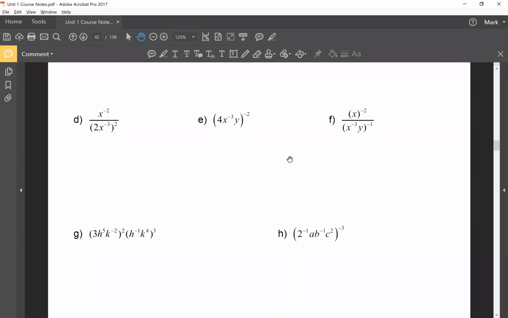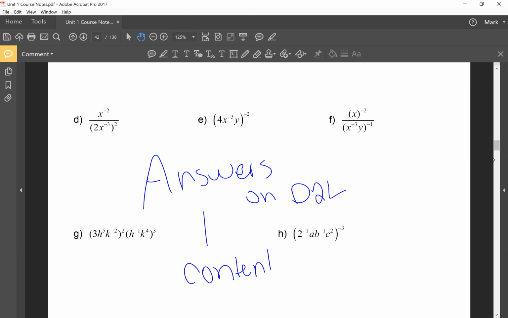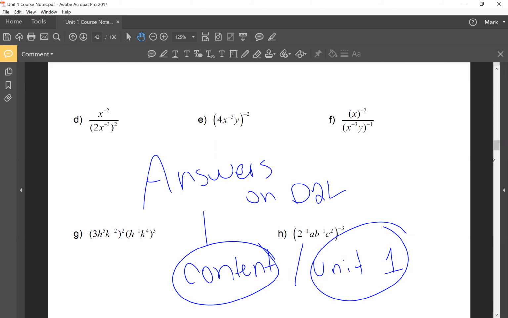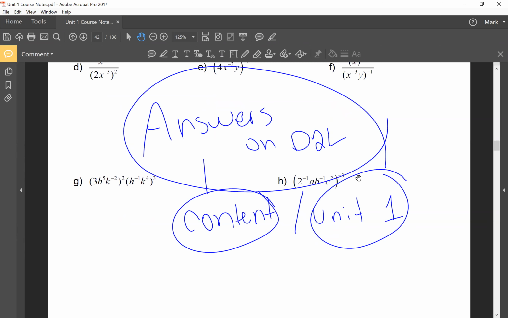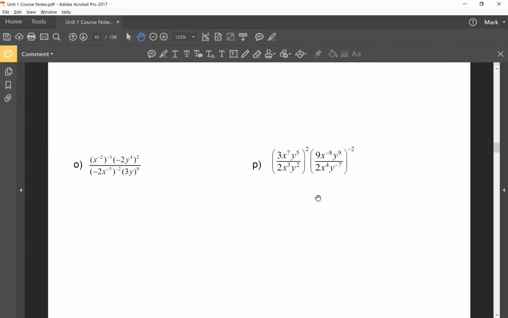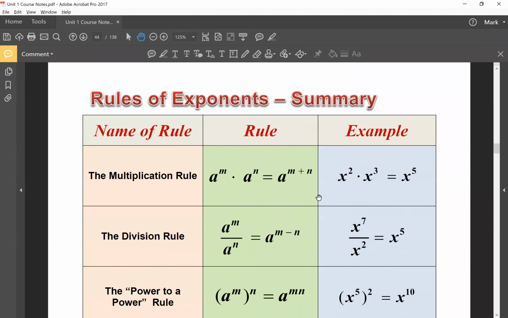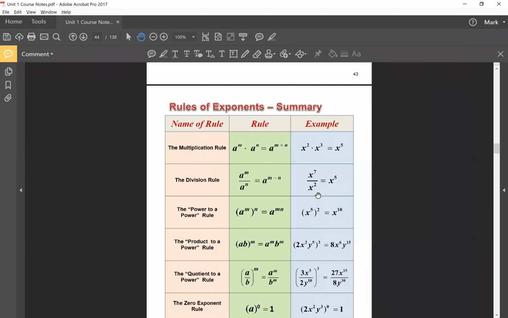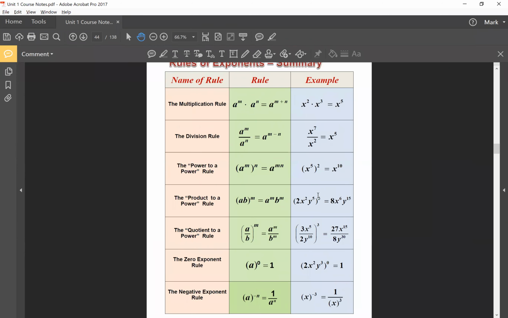There is a lot of practice here. And I know, like this Faisal, or I think that's your name in the WhatsApp, all of these answers are on D2L. If you go to content and you go to unit 1, you can see all of these answers. So I highly recommend you guys practice. There's so many questions here. There's a little summary here at the end of all of the rules.